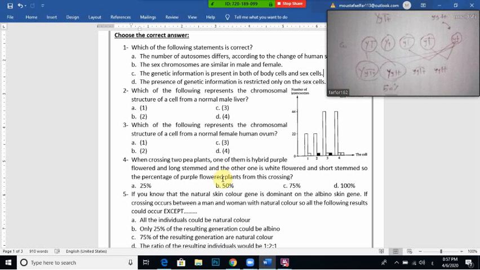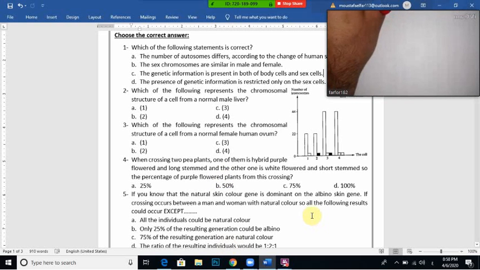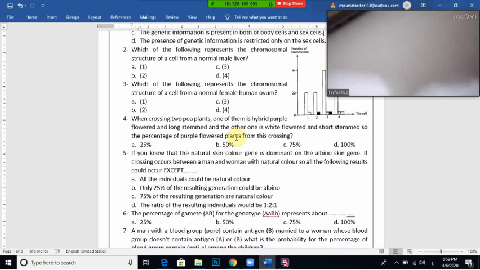So number 5. If you know that the natural skin color is dominant over the albino skin gene, and a man and a woman with natural skin color cross, all of the following results could occur except... If we assume that both of them are hybrid natural skin color, Aa and Aa, we will have four individuals.